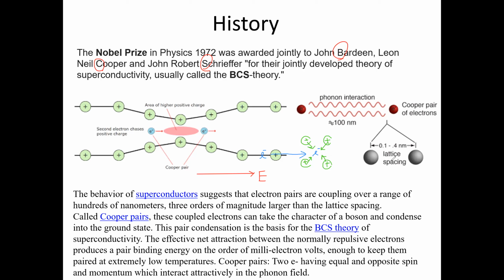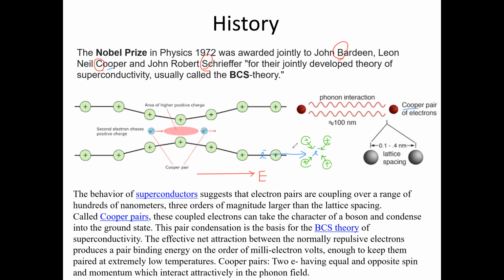The lattice spacing between ion cores is about 0.1 to 0.4 nanometer. And the Cooper pair of electrons, Cooper comes from Leon Neil Cooper, is much larger than the lattice spacing, about 100 nanometer. So we call it phonon interaction here.